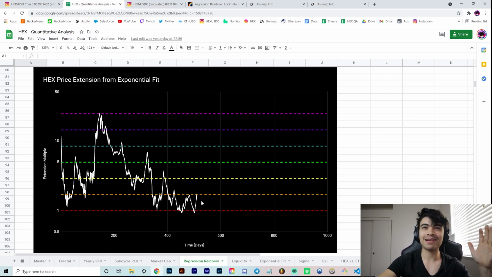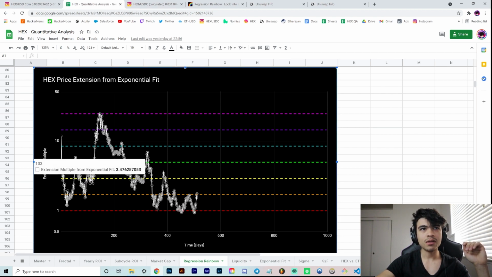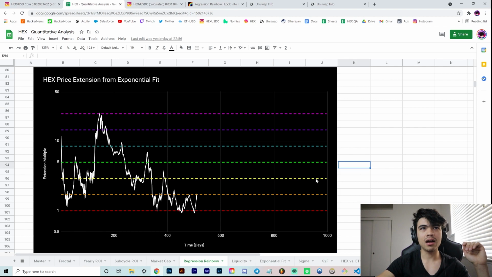We might be seeing consolidation of price around the orange regression curve for a while, just like we saw around the yellow regression curve over here, where we oscillated around it for about a month and then had an absolutely insane tear for about a month.